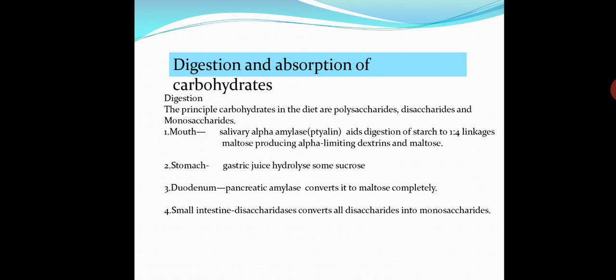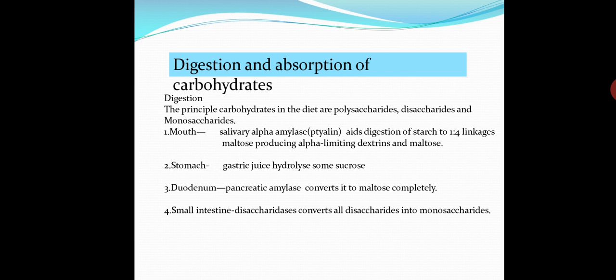It acts in an alkaline medium and its digestive activity is increased by the presence of bile salts. Here, the starch and dextrin in the presence of pancreatic alpha amylase get converted to maltose completely.